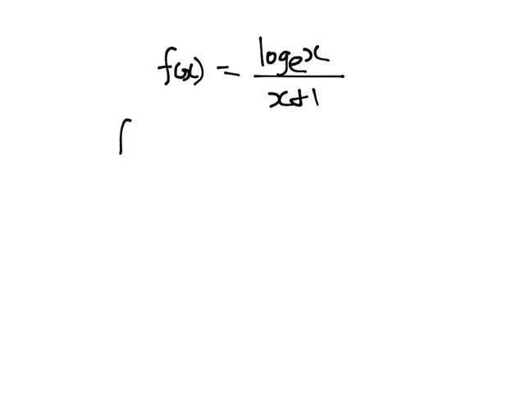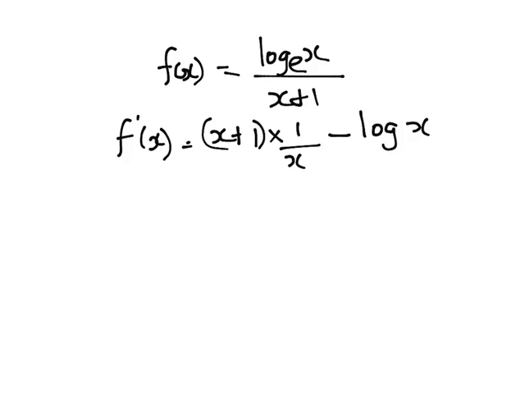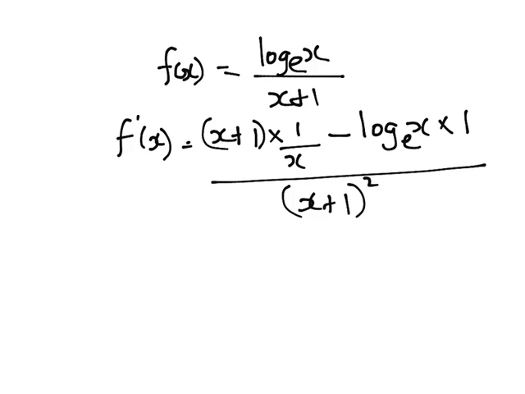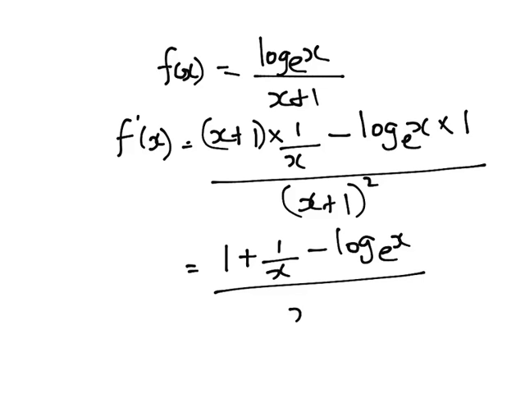Now f dash of x, as I said, the quotient rule is multiply the denominator with the derivative of the numerator, which is 1 by x, minus multiply the numerator with the derivative of the denominator. We know that the derivative of x plus 1 is 1 plus 0, so it's simply 1, whole divided by x plus 1, the whole square. So the final answer is x plus 1 by x minus log x to the base e, whole divided by x plus 1, the whole square.